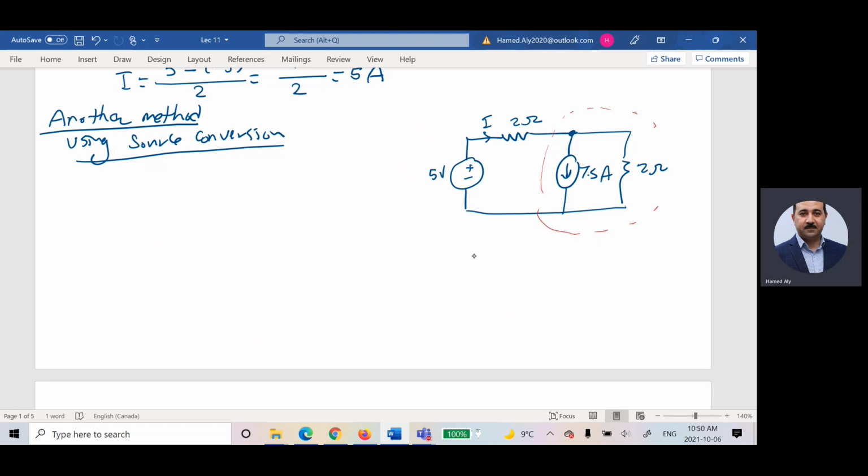You will have this resistance, which is 2, and this guy, which is 5 volts, it doesn't change. And this guy is still I. And then you will have this guy, which is a voltage source. What's its value?